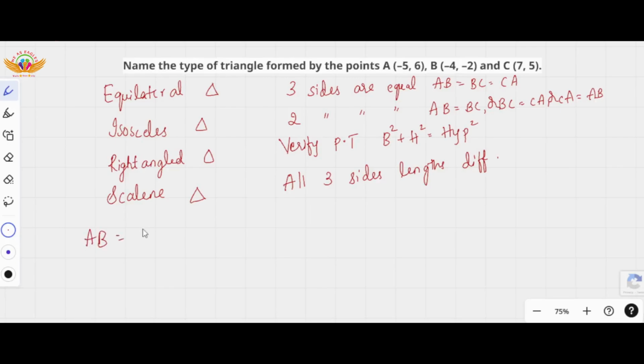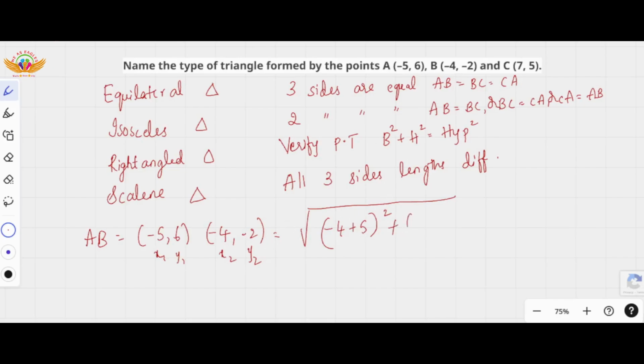Write down the A point is minus 5 comma 6 and B point is minus 4 comma minus 2. This is x1 y1 and this is x2 y2. So let us do the distance formula. Minus 4 plus 5 whole square. Be very careful with the signs. Minus 4, x2 minus of minus 5, so I wrote plus 5.